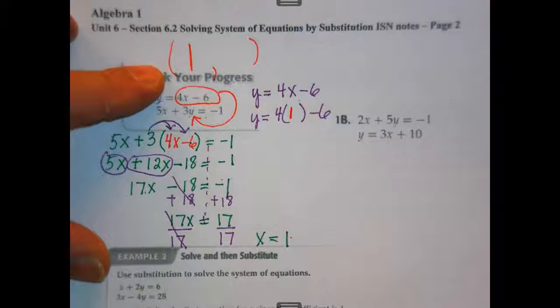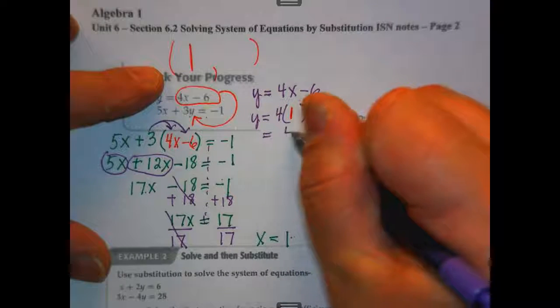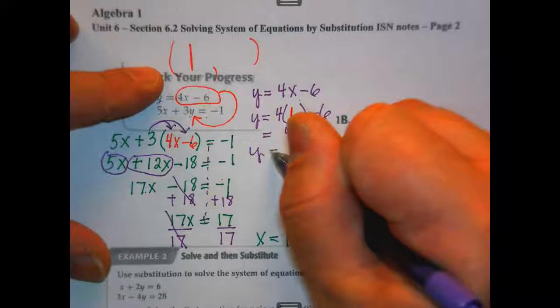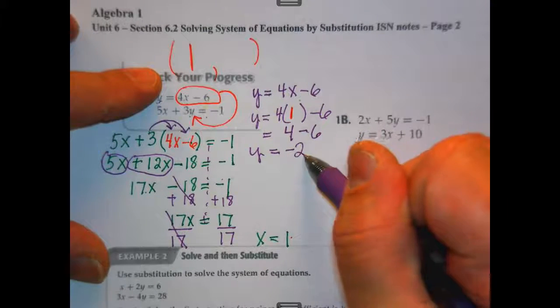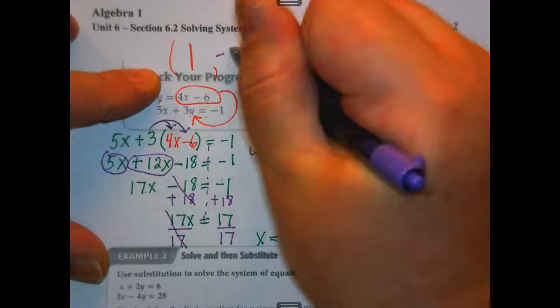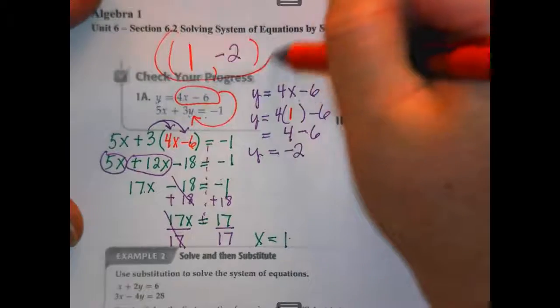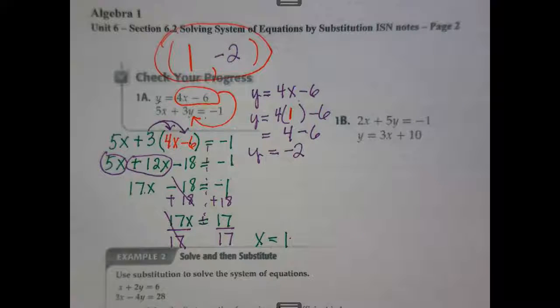You with me? 4 times 1 is 4, minus 6. So y is going to equal 4 minus 6, which is -2. So this is my answer. They intersect at one point, and that point is 1, -2.